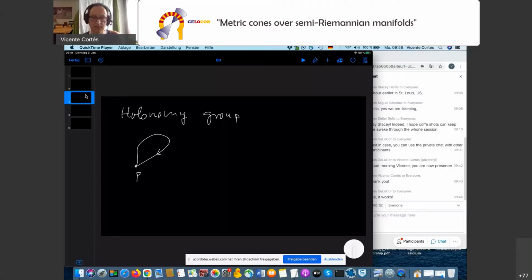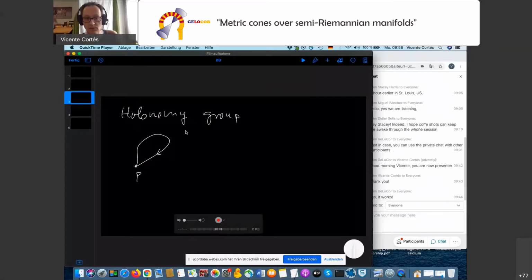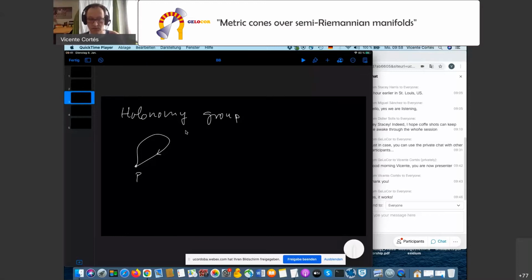You can define this for every connection, in fact, and in particular for every semi-Riemannian manifold. You have the holonomy group, and its Lie algebra is called the holonomy algebra. So this holonomy group encodes many interesting properties of a pseudo-Riemannian or semi-Riemannian manifold.